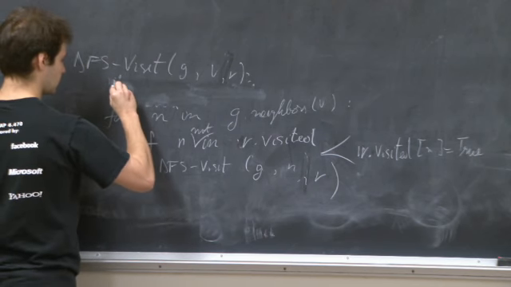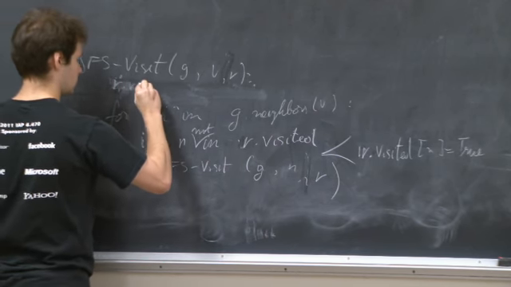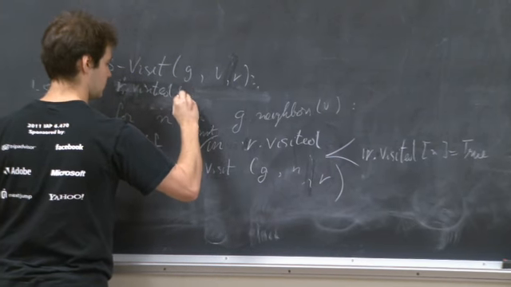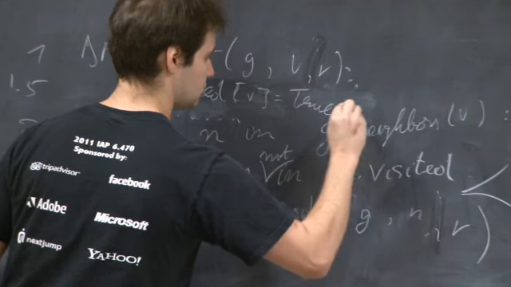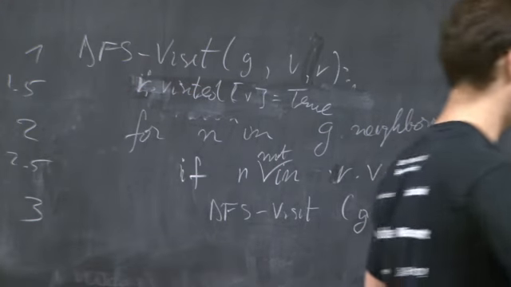So I like Chris's suggestion. r dot visited of v is true, and then we can remove it from here.